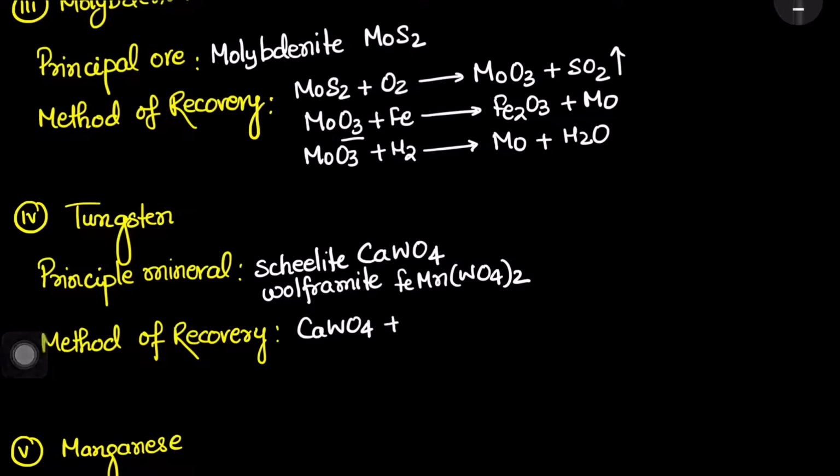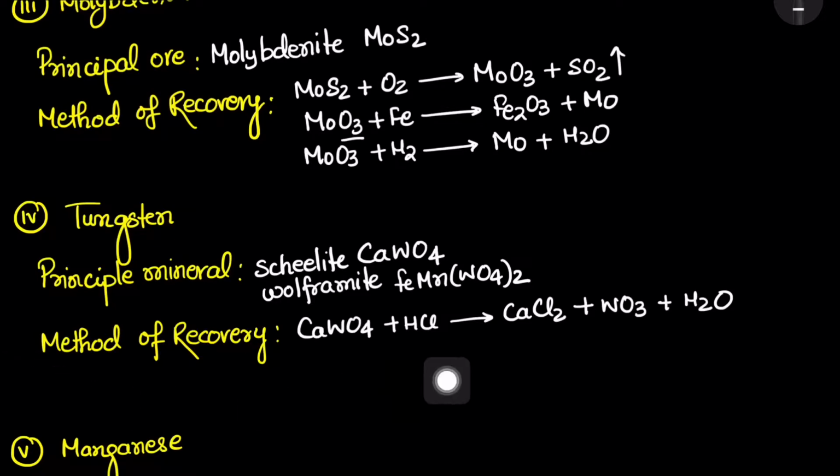So scheelite is first treated with hydrochloric acid. Hydrochloric acid reacts with the calcium to form calcium chloride, and it will react with the scheelite to form finally tungsten trioxide and water. So this is the overall product of this reaction with the hydrochloric acid.